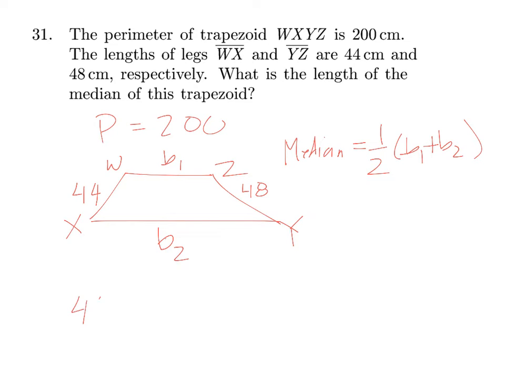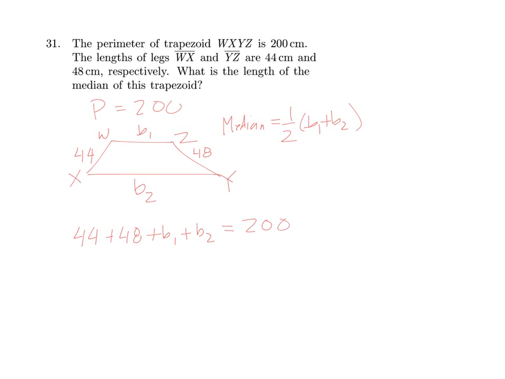So I know 44 plus 48 plus B1 plus B2, base sub 1, base sub 2 is equal to 200, okay? So here I have 92 plus base sub 1 plus base sub 2 is equal to 200. So I subtract 92.